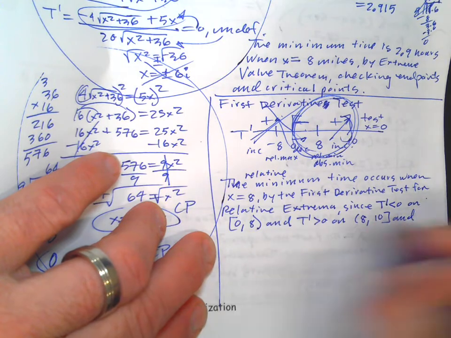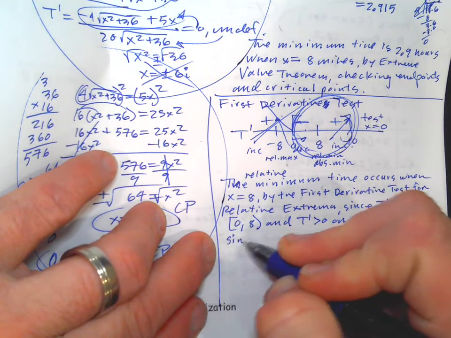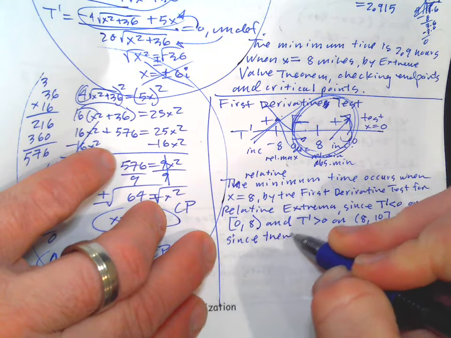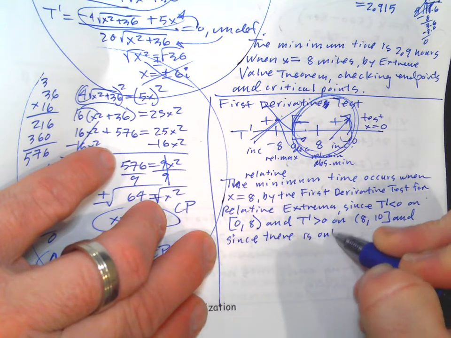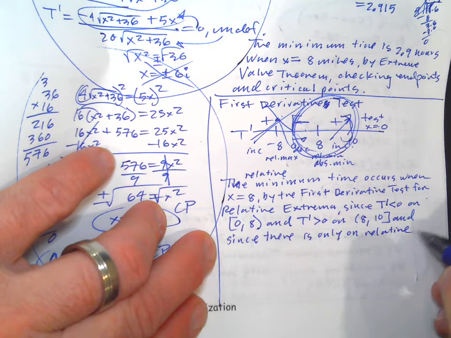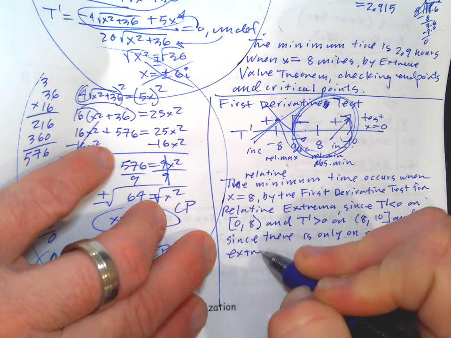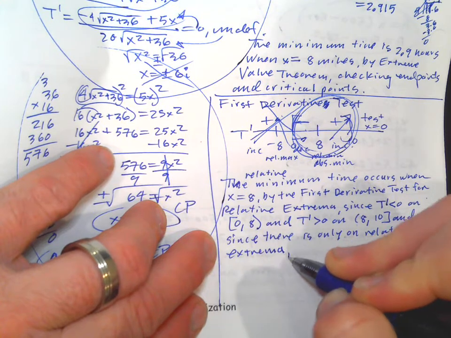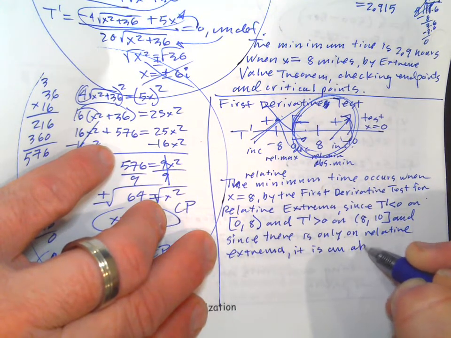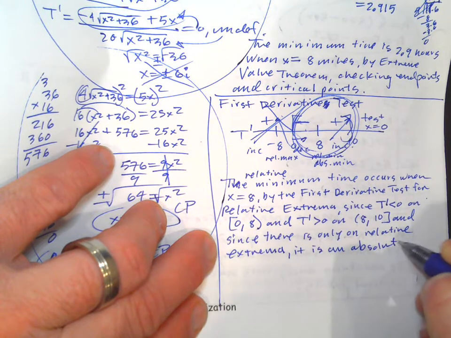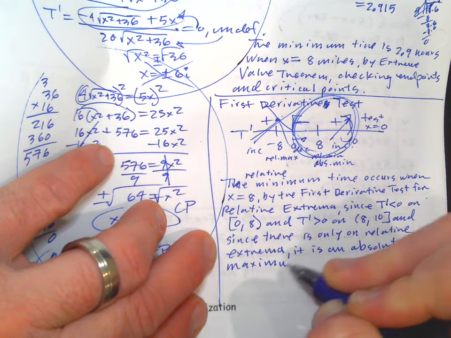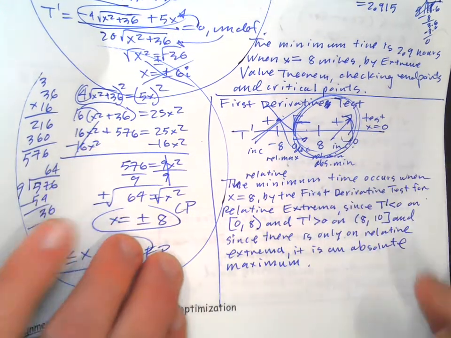And since there is only one relative extrema, it is an absolute minimum, something like that. First of all, this doesn't work unless you only have one relative extrema.